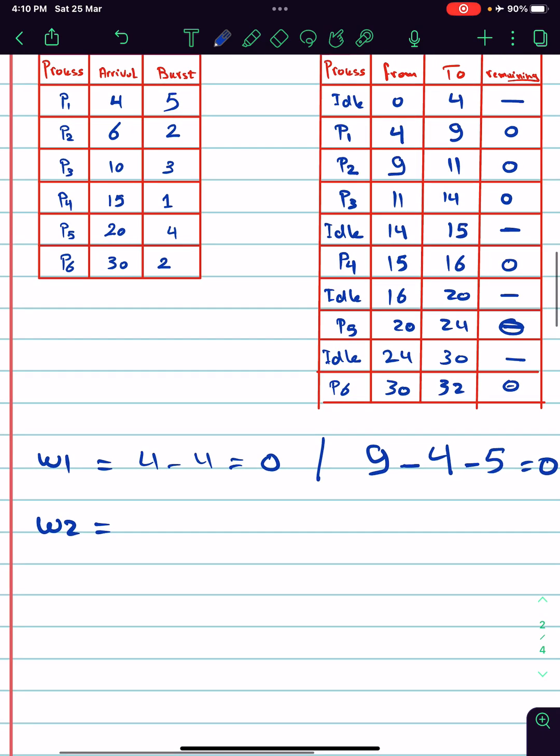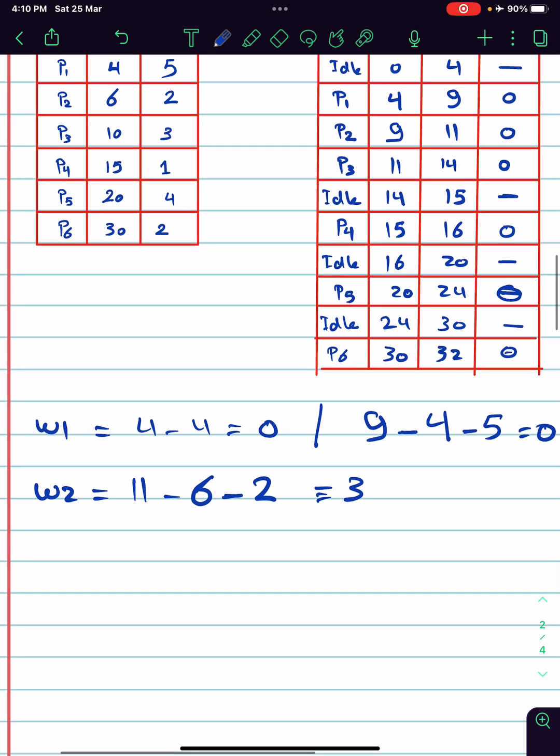W2, that's waiting 2, which is the waiting for process 2. It finished at time 11, and it arrived at time 6, and the burst is 2. So this is going to be a 3. So I don't confuse you, let me first do it with the first equation.